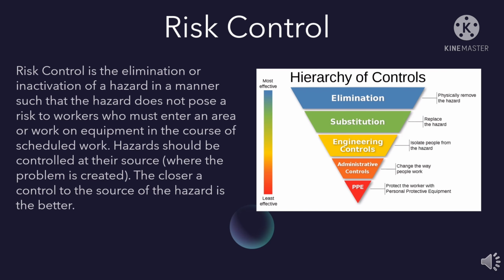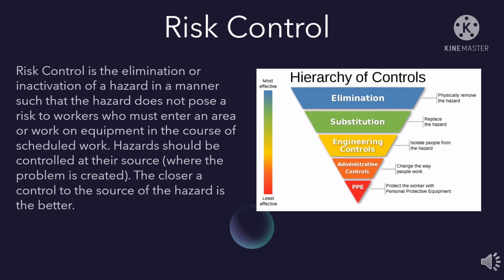Another step when using the HIRARC method is the risk control step. Risk control is the elimination or inactivation of a hazard in a manner such that the hazard does not pose a risk to workers who must enter an area or work on equipment in the course of scheduled work. Hazards should be controlled at their source or where the problem is created. The closer a control to the source of a hazard is, the better.